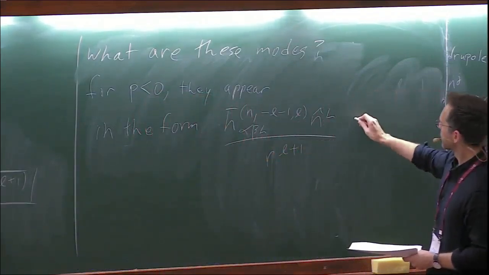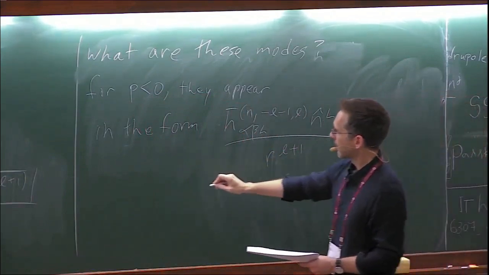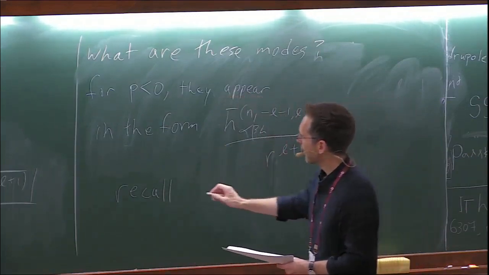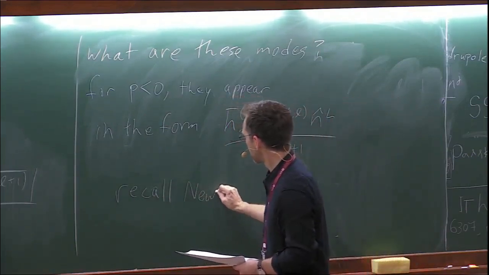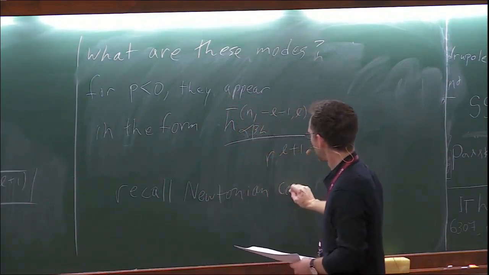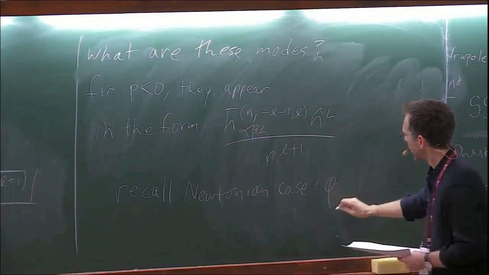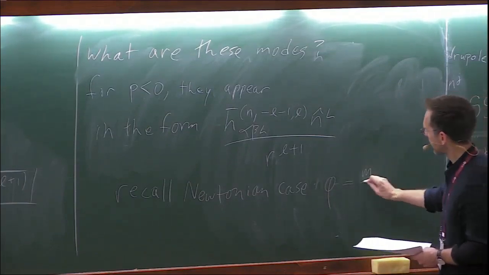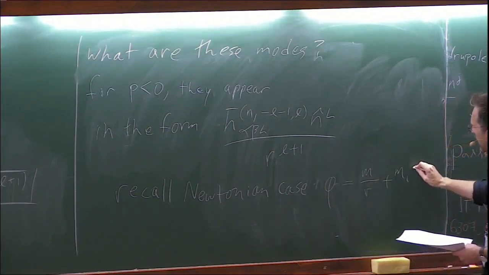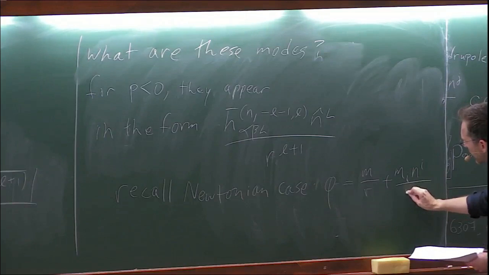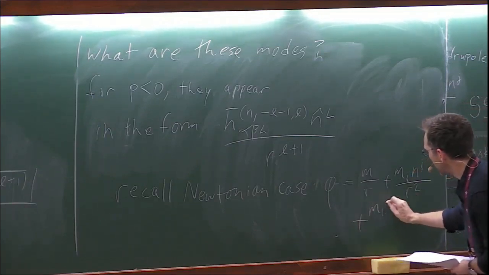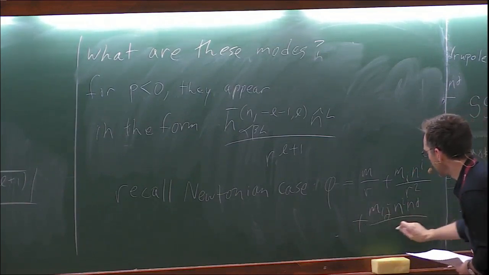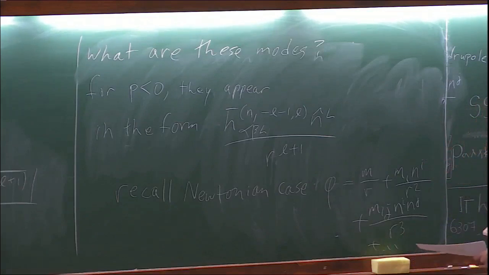So this should remind you of the form we had for just the multipole expansion of a Newtonian field, where the Newtonian gravitational field of some matter distribution was m over r plus m i n i over r squared plus m ij n i n j over r cubed, and so forth.